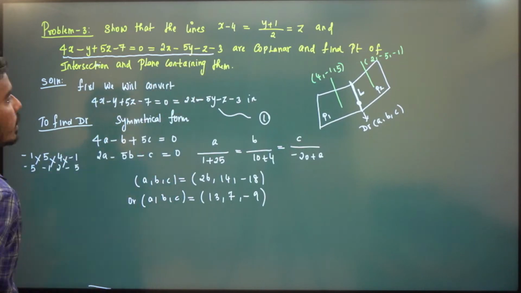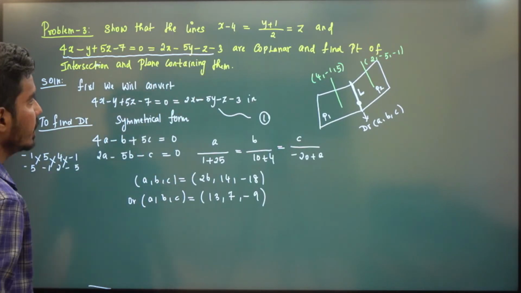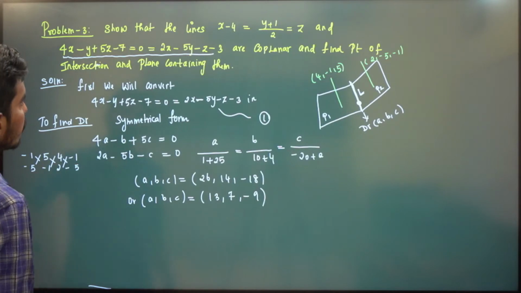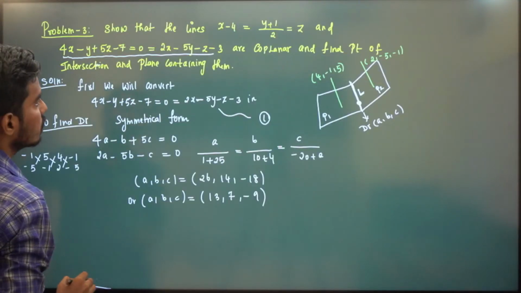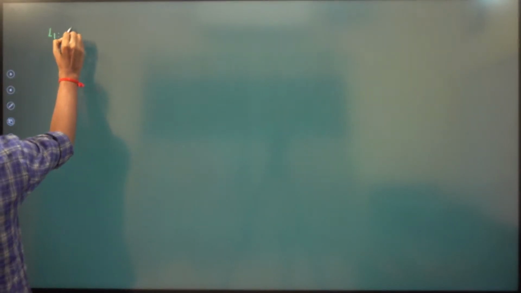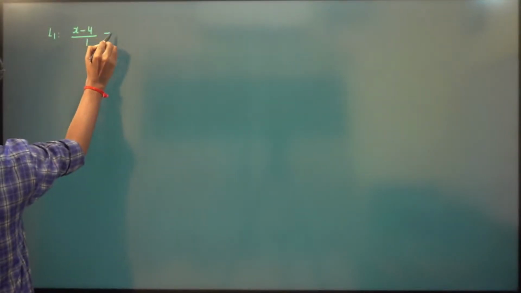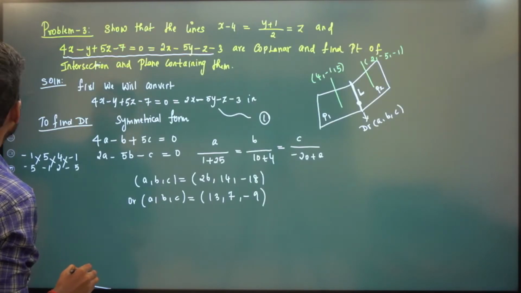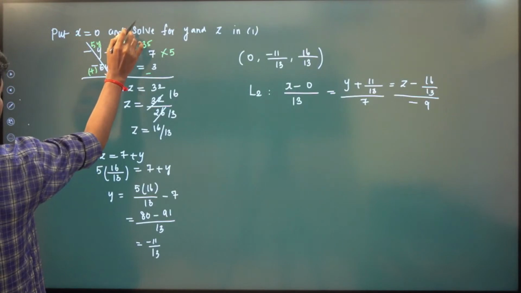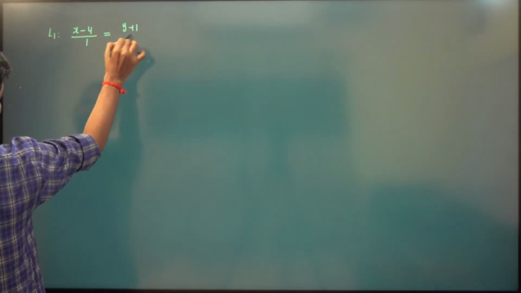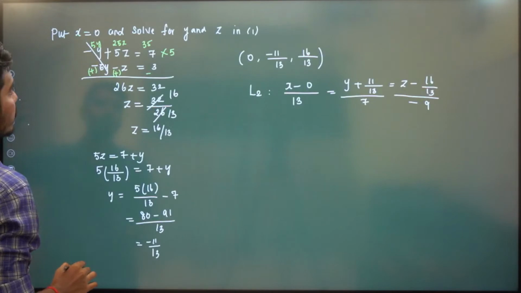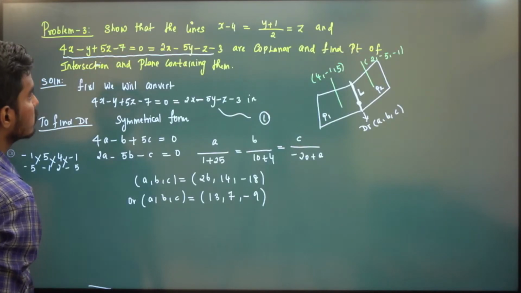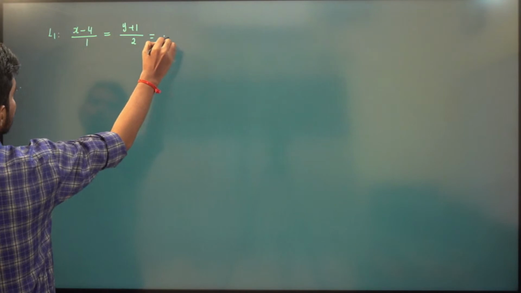We need to show they are coplanar and find the equation of the plane containing them. So we have two lines. L1 is already given, x minus 4 by 1 is equal to y plus 1 by 2, and z.